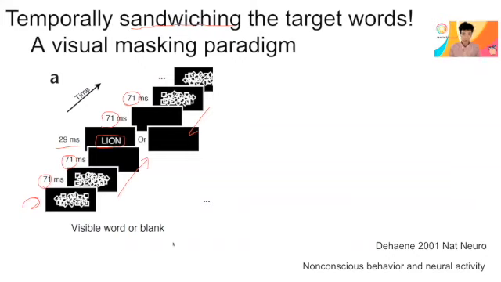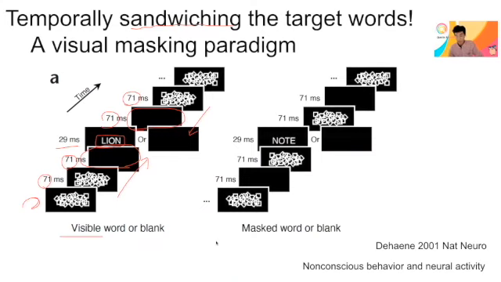However, this situation, as you see, is depicted as visible, because the masking is not working. The reason is that there is a buffer of blank period before and after, so the masking doesn't work in this case. However, in the strongly masked situation, they present the mask right after the blank.